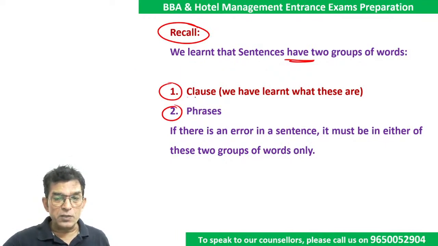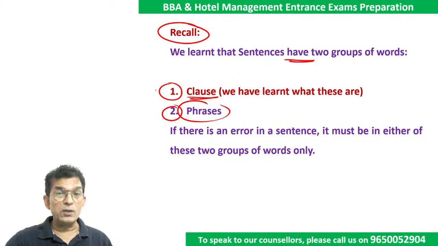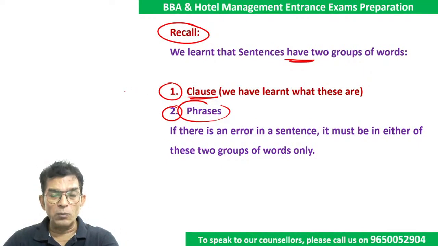A sentence may have an error in the clause, in the form of subject, verb, agreement, etc., or the phrases, where the phrase should not be written or how the phrase should be structured. दोनों में ही गलतियां हो सकती हैं. So one who knows how to identify a clause and how to identify a phrase will most probably get all the sentences right.